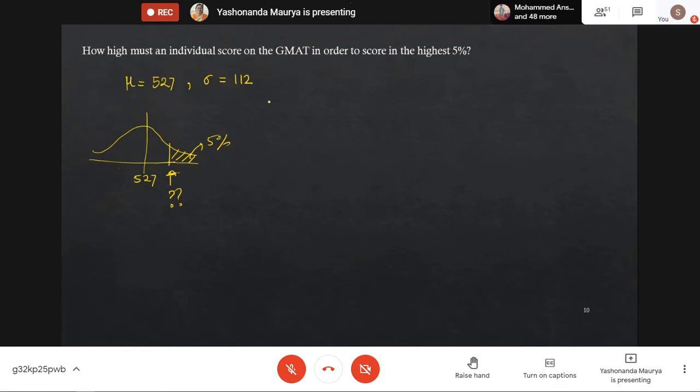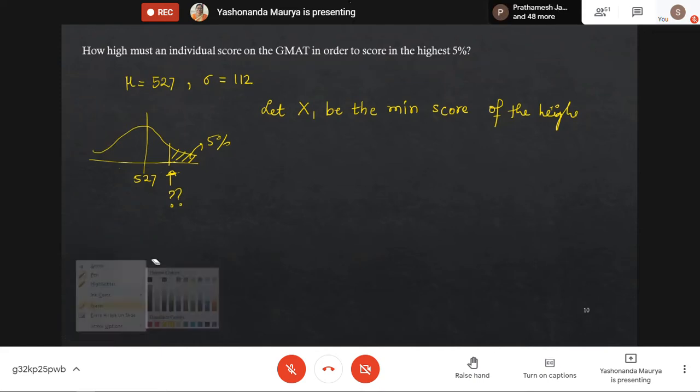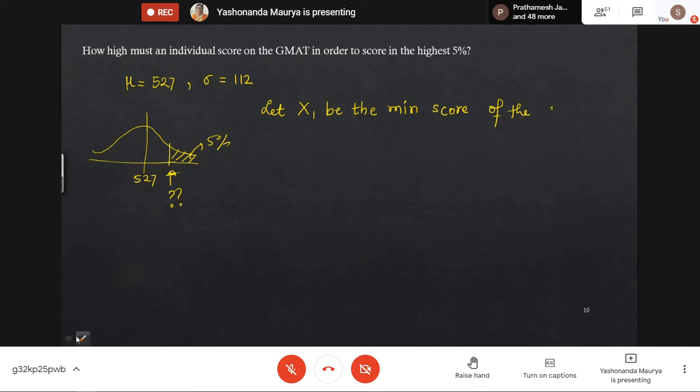Let us take, let x1 be the minimum score of the highest 5%.